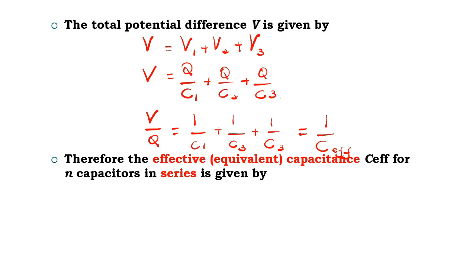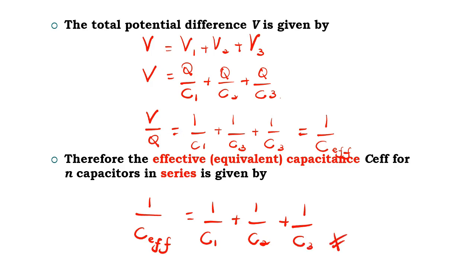So 1 over C effective is equal to 1 over C1 plus 1 over C2 plus 1 over C3, which gives us capacitors in series.